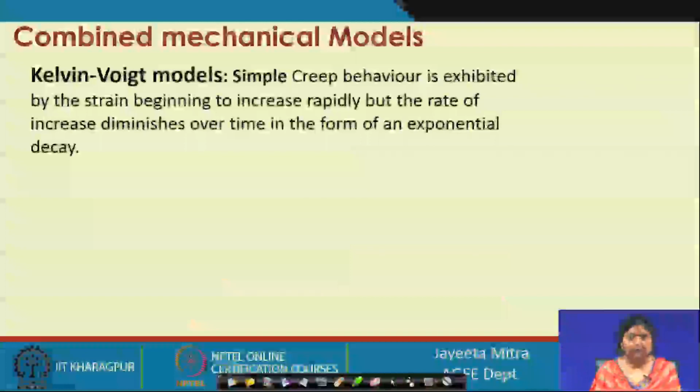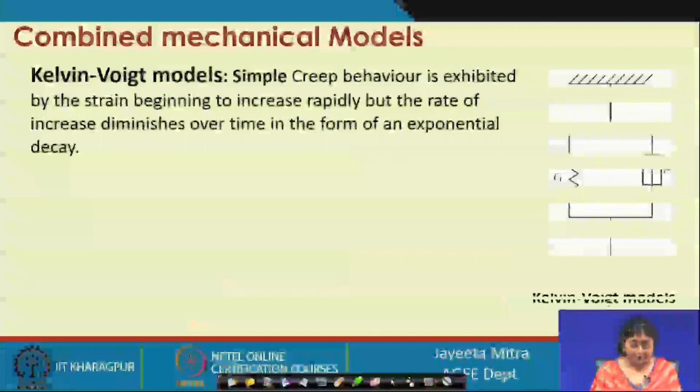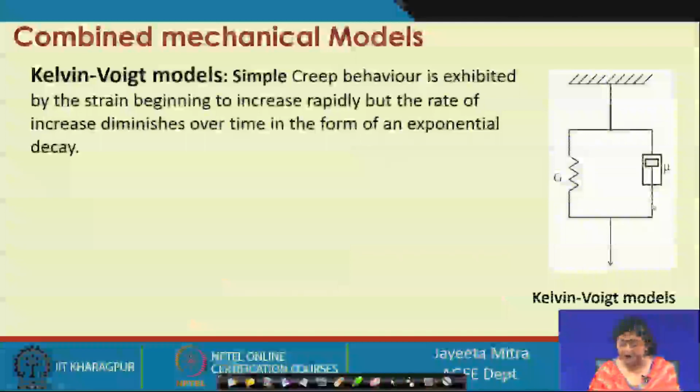So, again we will see a combined mechanical model that can express the behavior of creep. This is the spring and dashpot attached in parallel network, just the opposite case of Maxwell where we connected them in series. This is showing the simple creep behavior.